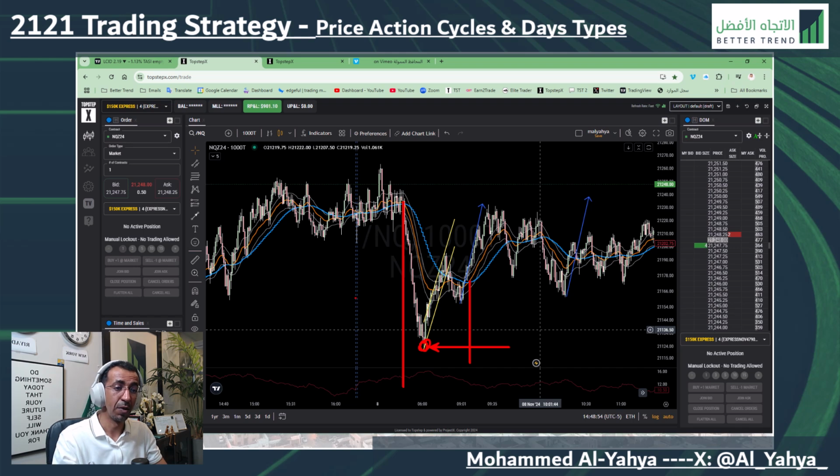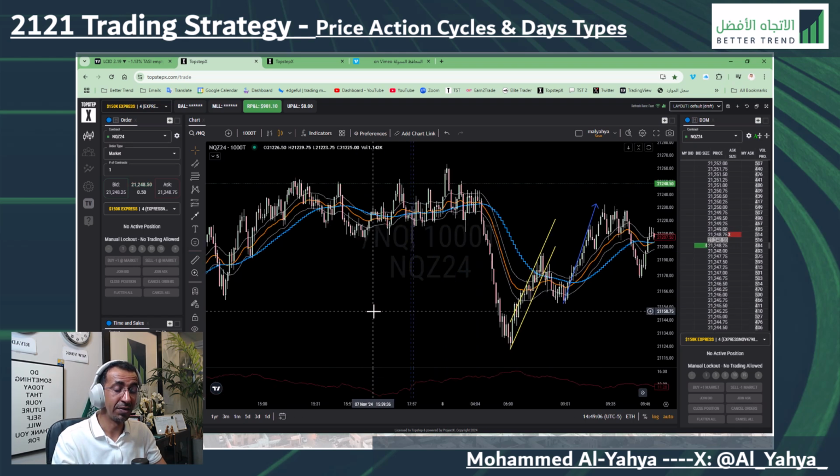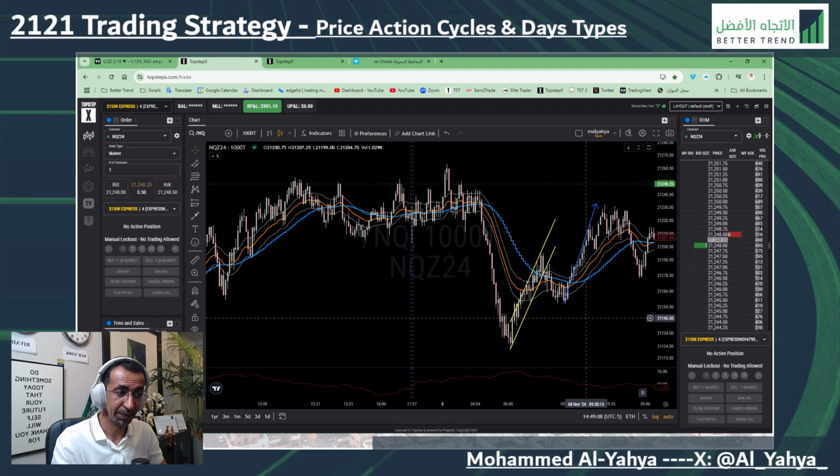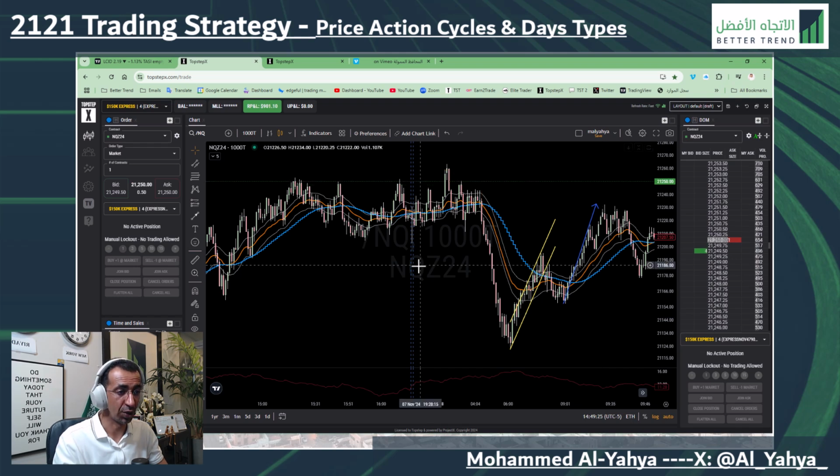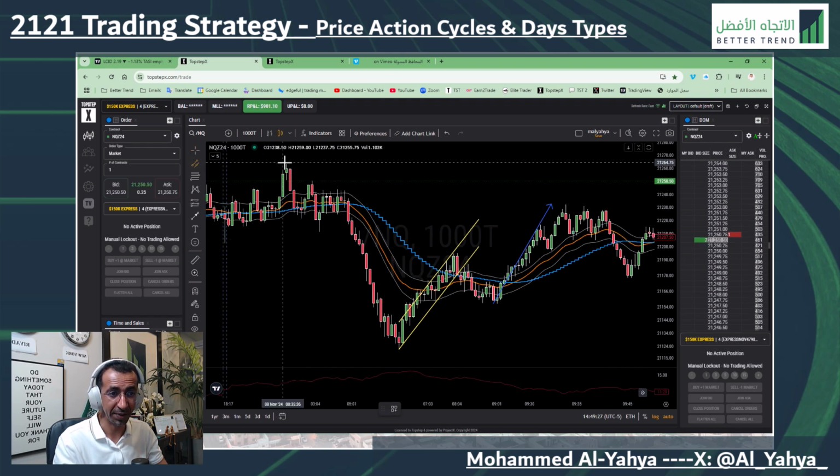Let's say we want to see the bearish price action, the one that goes down. Where is the intersection? This one. Where is the previous one? Oh, this one. So where is the high between this and this? It is here. So you start your price action from here.